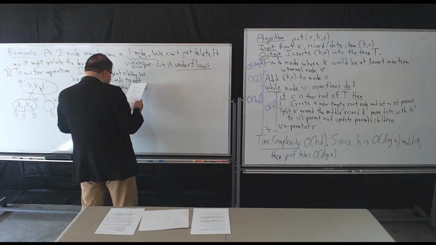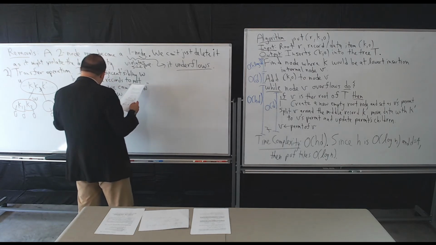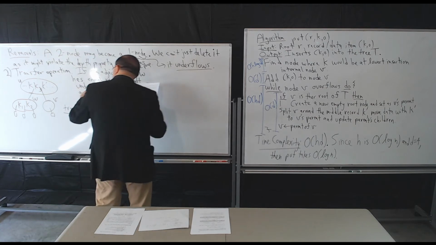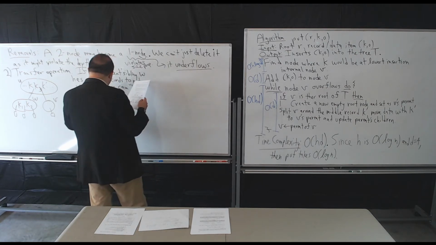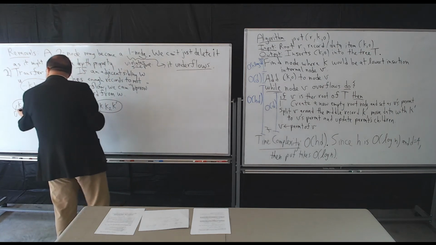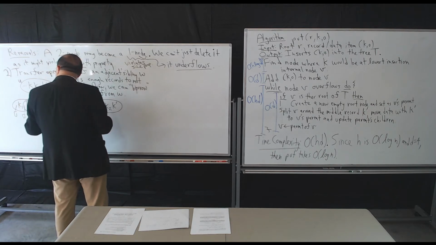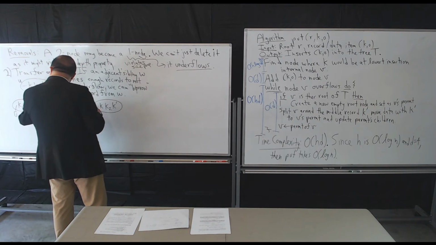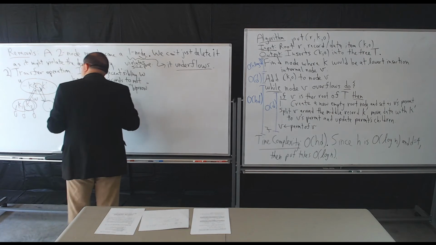So I have my parent U. Now remember, K and K prime still may not exist. So what am I going to do? I'm going to take K2. I'm going to hand it up to the parent, like a toy, from that child there. And the parent's going to give K3 over to V.